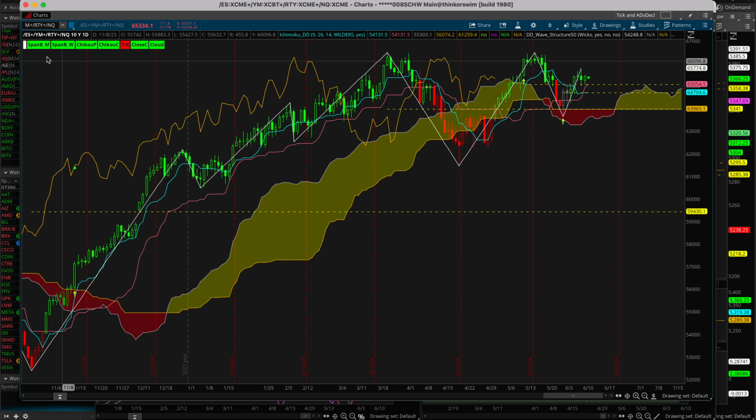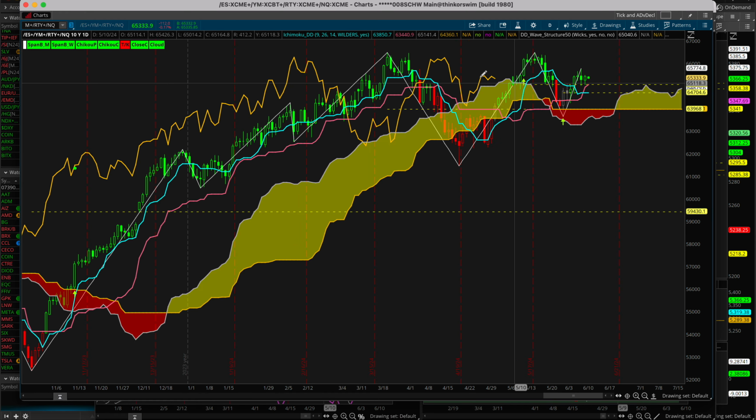This is all the markets put together, all the major indexes, and you can see that I still have the simple 30 color bars going on here, so you can see them kind of coming together.